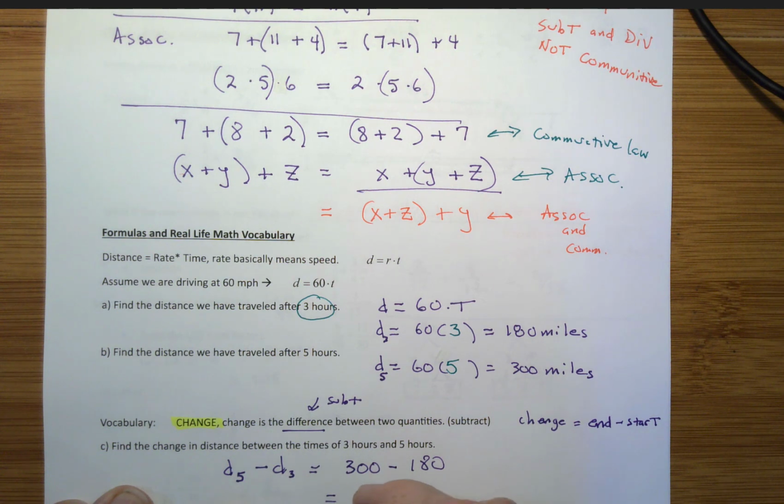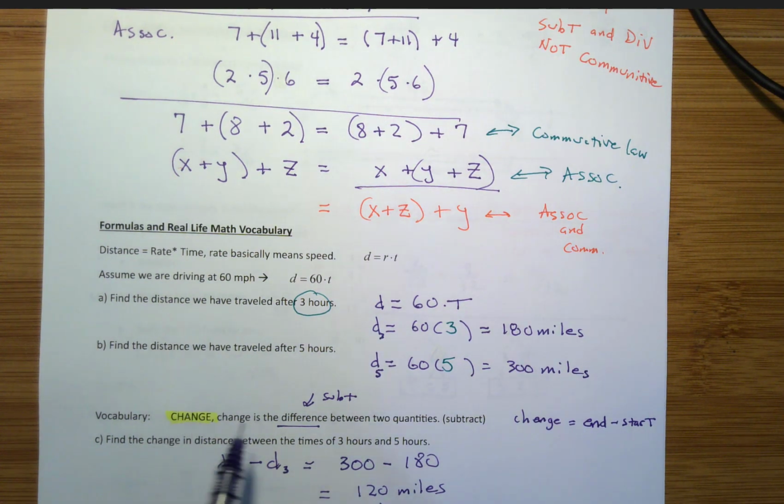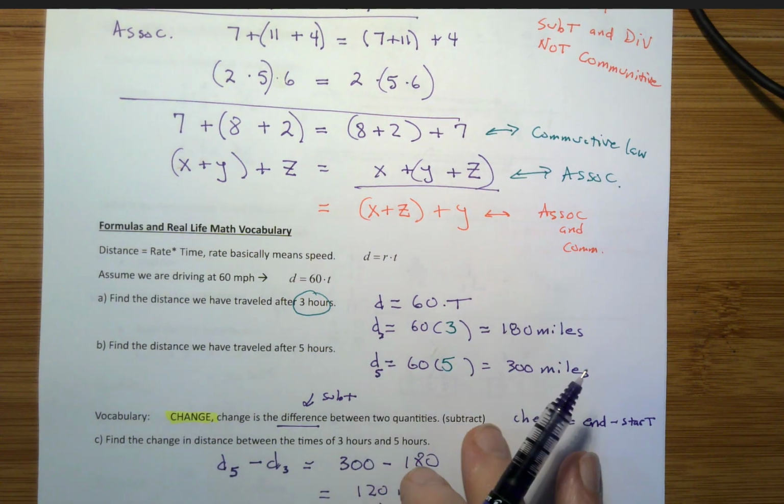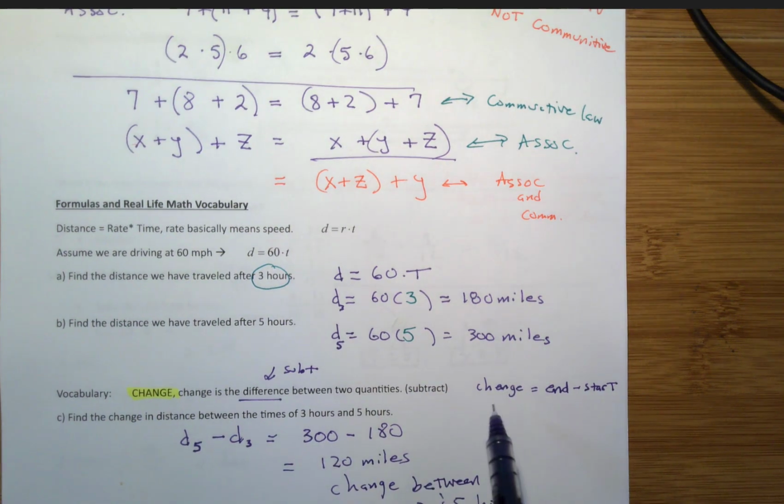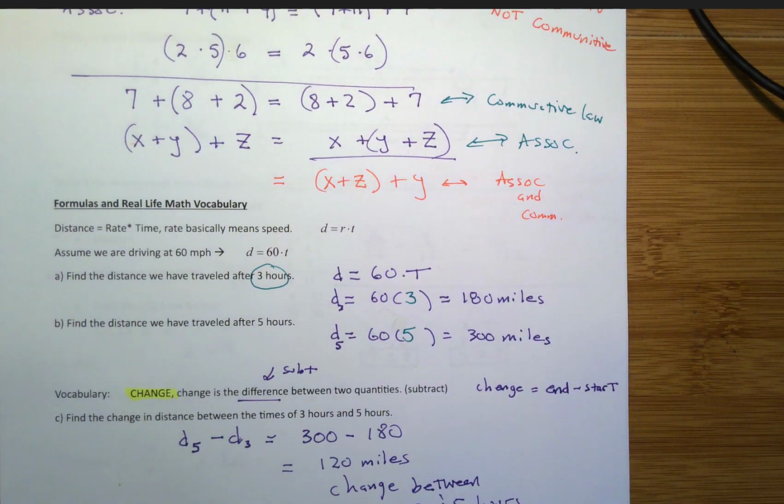I get 120 miles is the change between 3 and 5 hours. Okay, so remember this about change. It's a difference of two quantities, and often it's subtraction of the end minus the start.